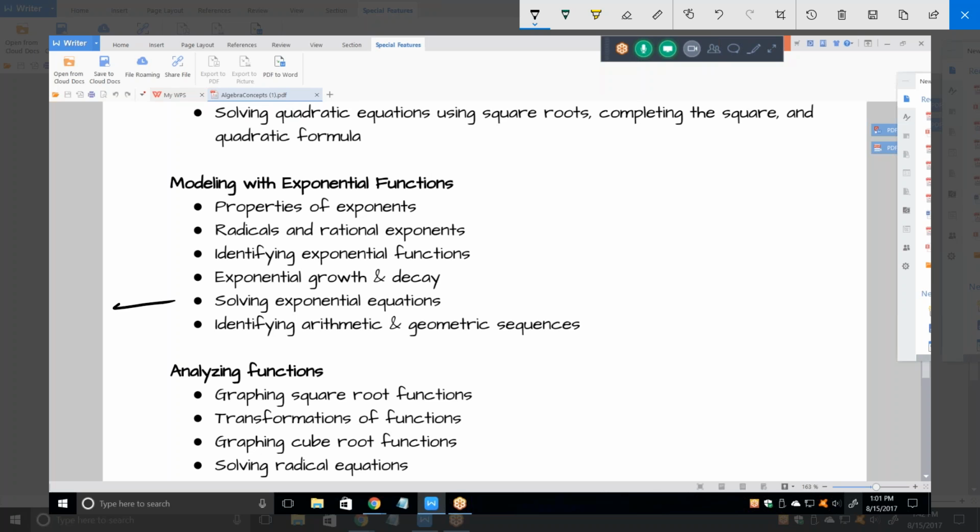Solving exponential equations. Let's solve easy ones.